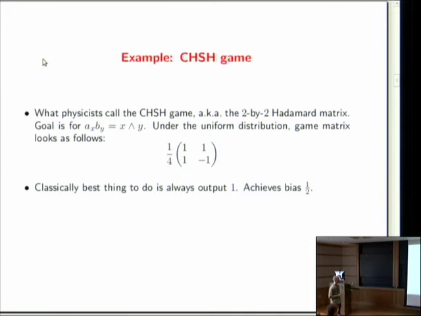Now classically, as I mentioned, you can only do perfectly if your matrix is rank 1. Since this matrix is rank 2, they must make at least one mistake. And in fact, they can make just one mistake if they always output 1. That gives bias 1 plus 2 plus 3 minus 1, so 2 over 4, or a half.